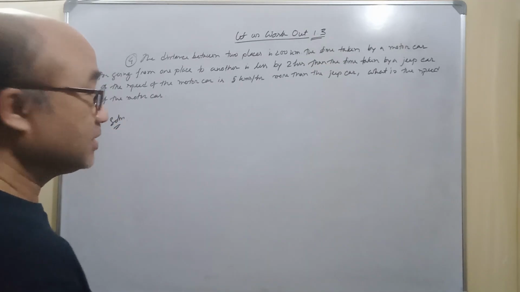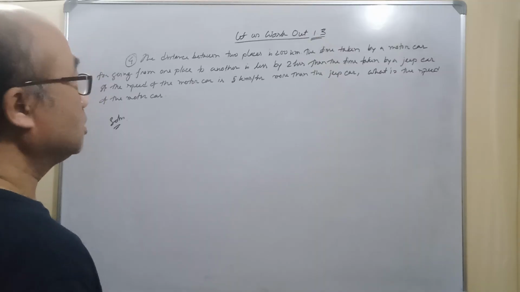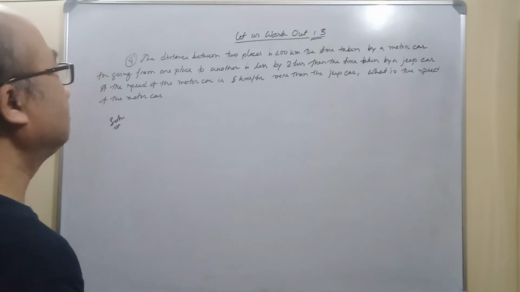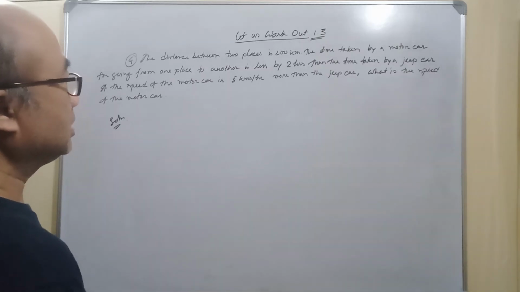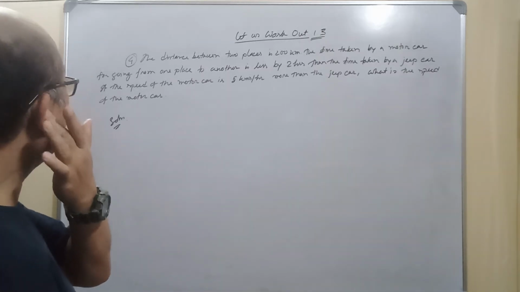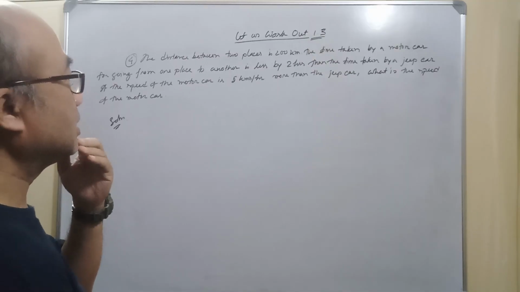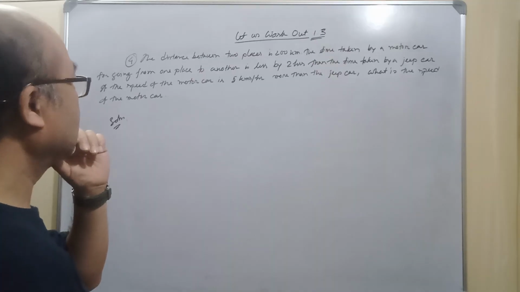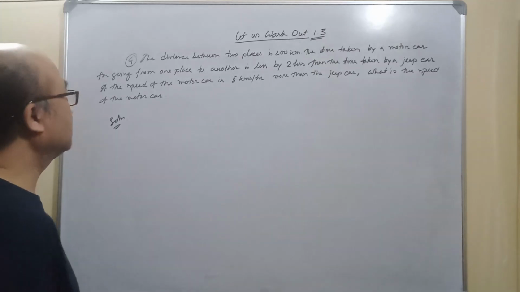So a distance is given, 200 km. So there is a motor car and a jeep car. So the motor car takes 2 hours less than the time taken by a jeep car.